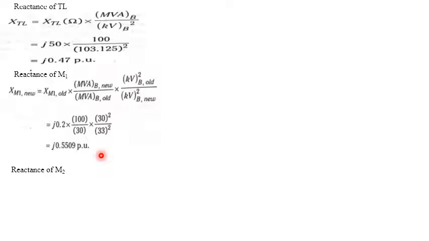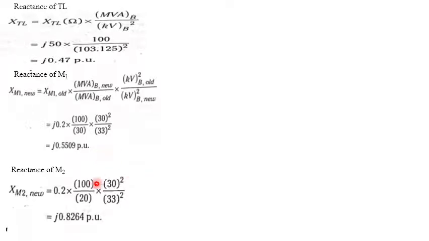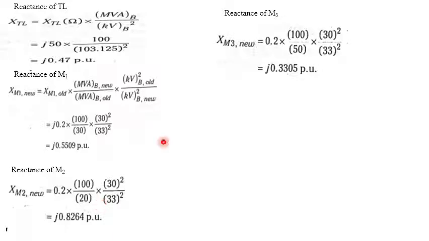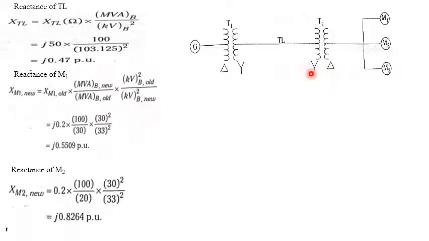Similarly for motor 2, we get 0.8264. Similarly for motor M3, with reactance 0.2 into 100 divided by 50, old value 30 and new value 33, we get 0.3305.